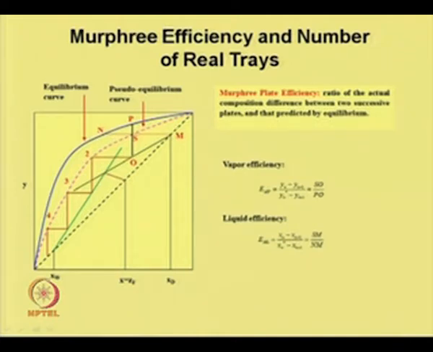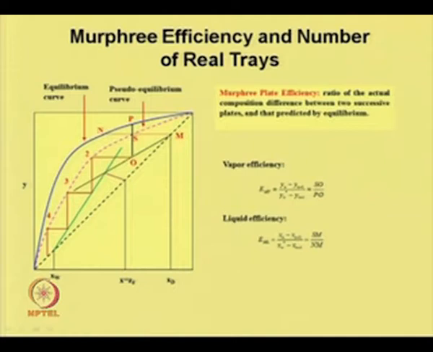There are two types of Murphy efficiency we can define, one in terms of the vapor and another in terms of the liquid. EMV we define as Yn minus Yn plus 1 divided by Yn star, which is equilibrium, minus Yn plus 1. We can see this as the ratio between SO and PO, the ratio between these vertical distances.